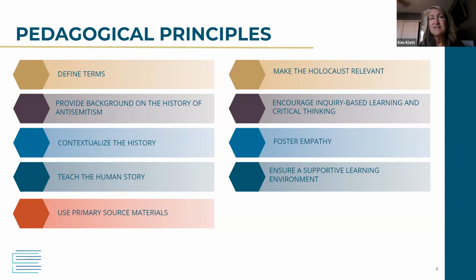We want to keep that safe space. We like to say that we want to bring the students safely in and take them safely out of this learning. So again, please jot down 1 or 2 of these principles that you think you do well in your classroom, and then 1 or 2 that you would like to work on or explore more deeply today.